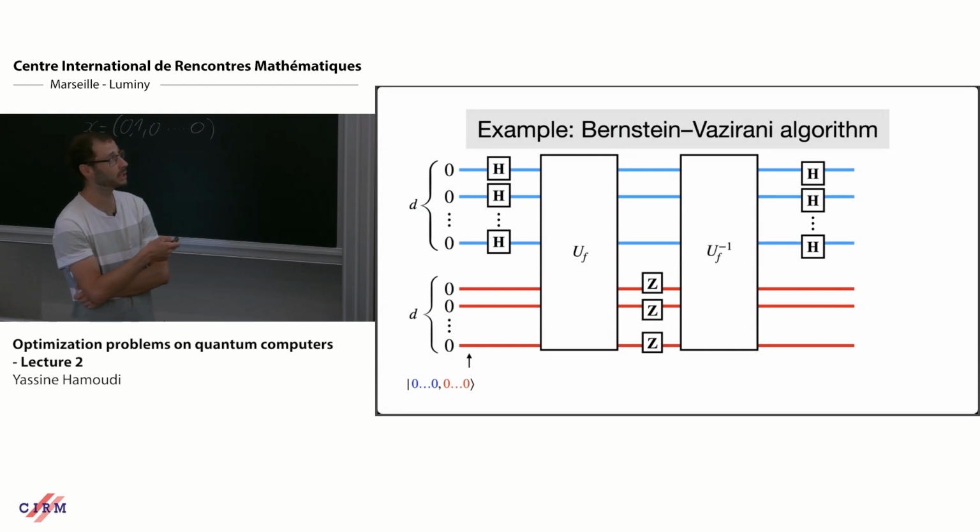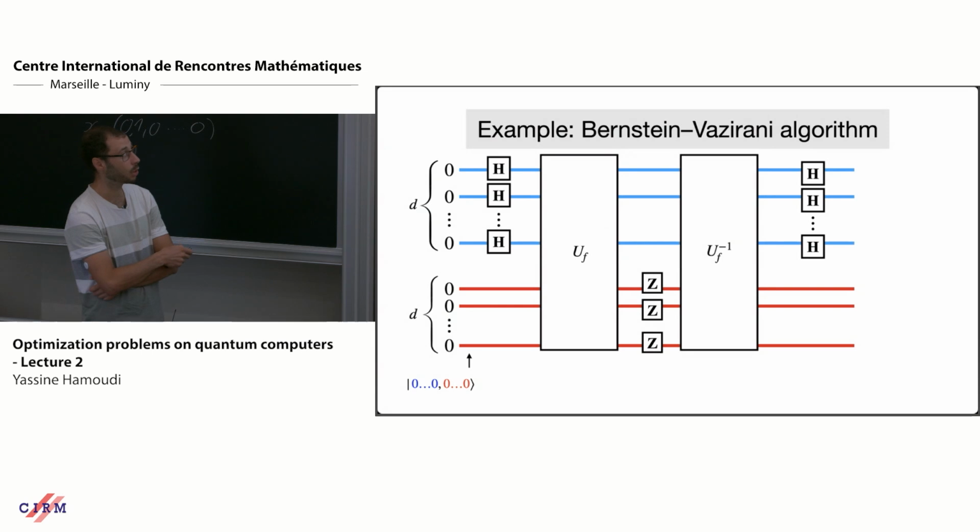So here is the quantum circuit solving this problem. It is acting on 2d qubits. The register on the top is going to contain the solution, so the vector a1 up to ad. And the register on the bottom is going to be used to control the quantum oracle operator. So let's proceed step by step.